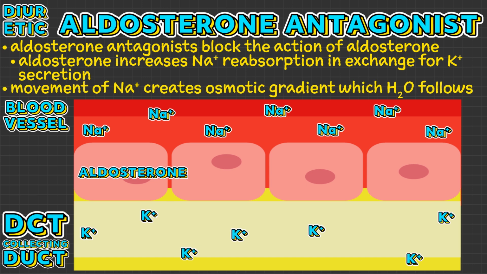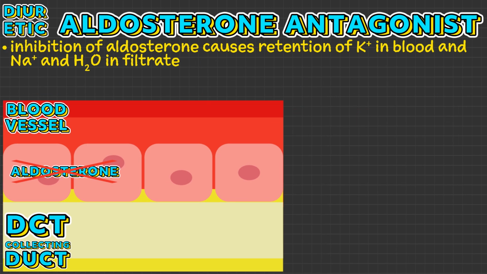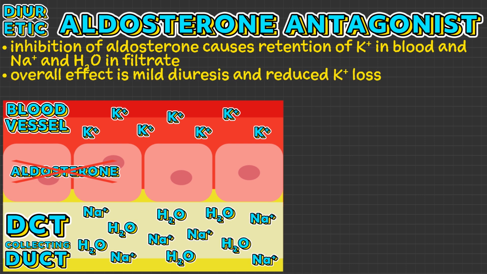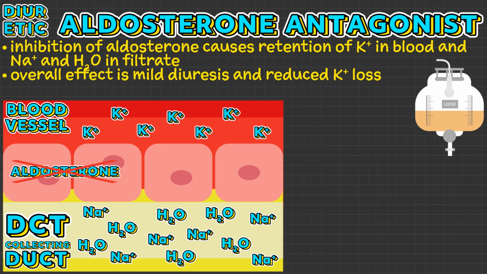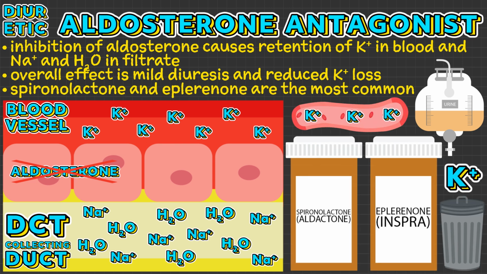The movement of sodium creates an osmotic gradient, which water can follow. By inhibiting aldosterone, these diuretics help retain potassium in the bloodstream and sodium and water in the filtrate. The overall effect is mild diuresis and reduced potassium loss. Spironolactone and eplerenone are the most commonly used aldosterone antagonists.